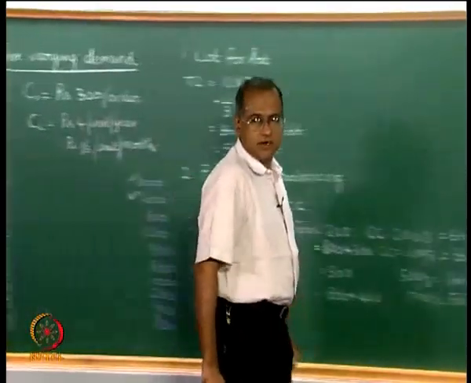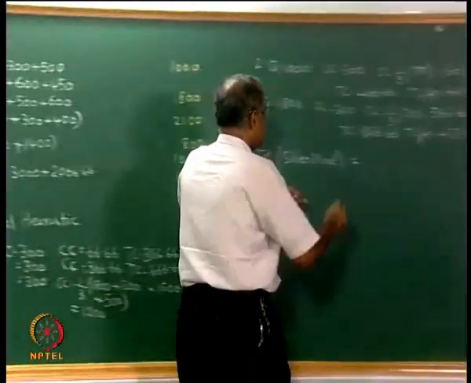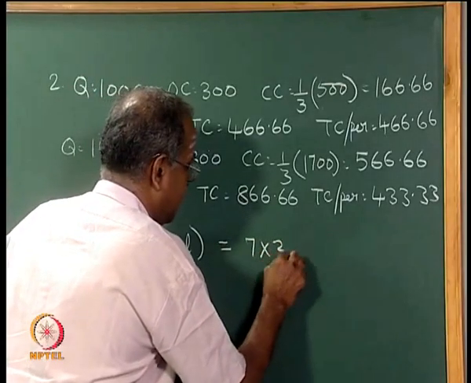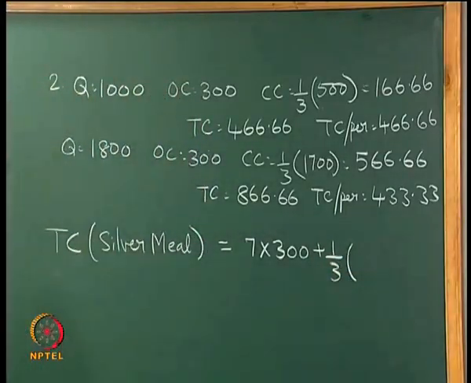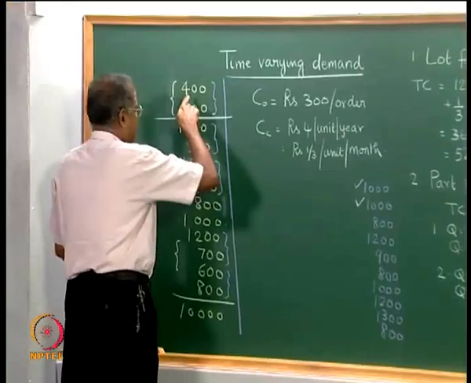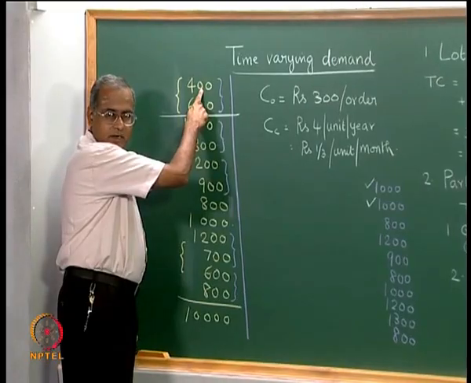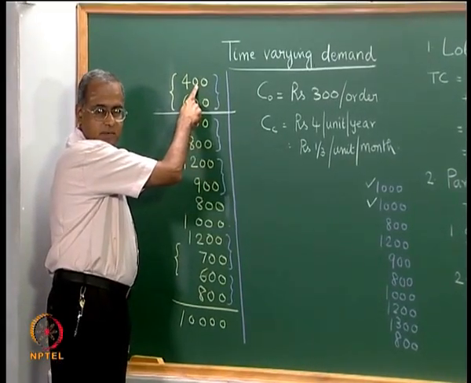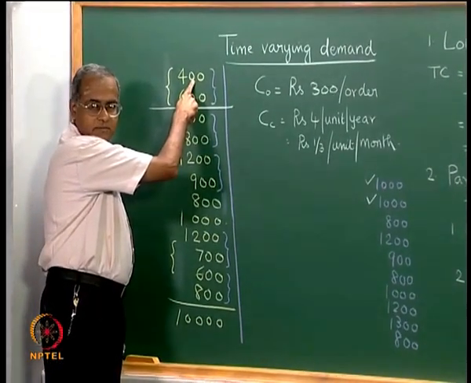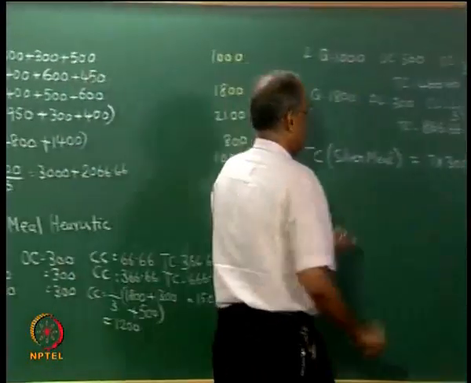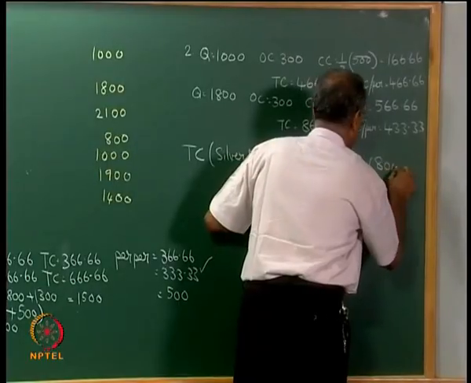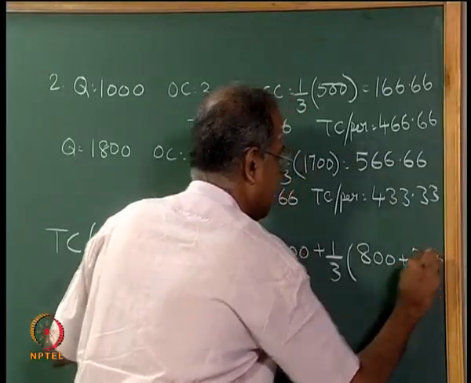So Silver Meal's order cost is 7 into 300 plus 1 by 3 into. For the first month I am combining this 1000. So the first month I begin with 1000 and I end with 600, so the first month will be 800. Second month is 300.